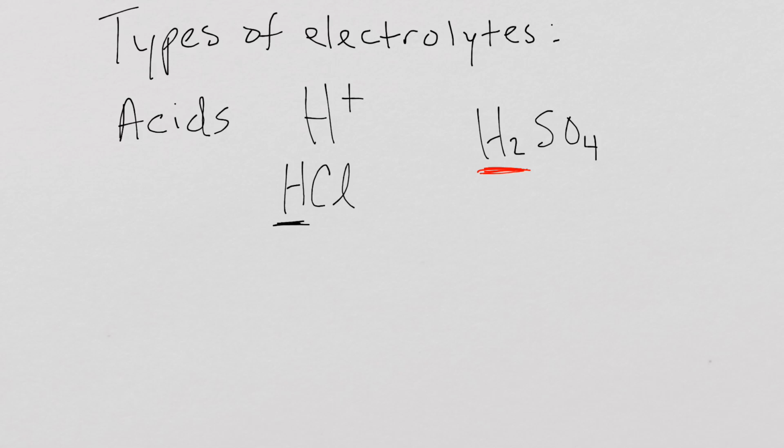So if I were to give you a list of different molecules, the big hint that something is acidic is that it has hydrogens in its chemical formula, and they are always at the front.